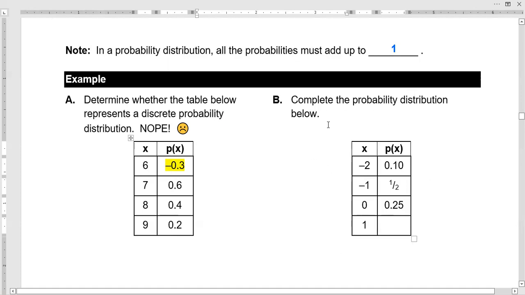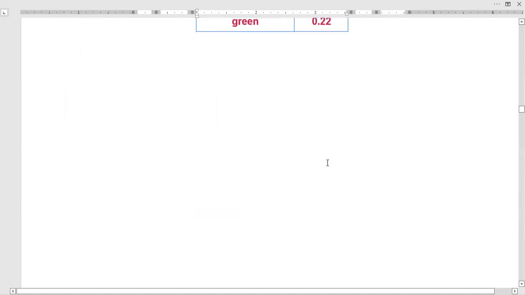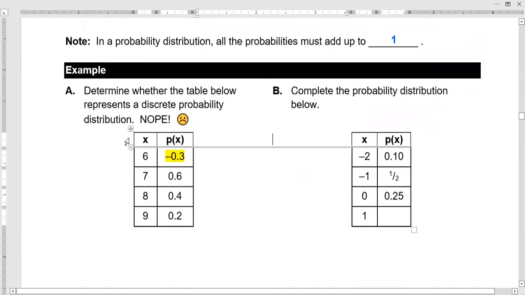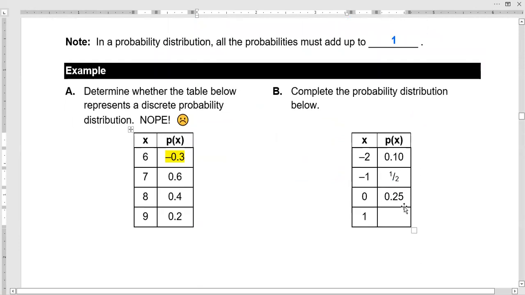It says complete the probability distribution below. So to complete this probability distribution, we're going to do what we did in this new example to figure out green. So to figure out green, we added up all of the Skittles that we knew, all the colors that we knew, and then we subtracted from the total. So in this case, we're going to add up the probabilities that we know. So 1/2 is the same as 0.50.